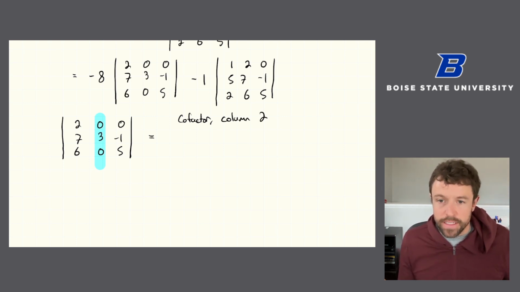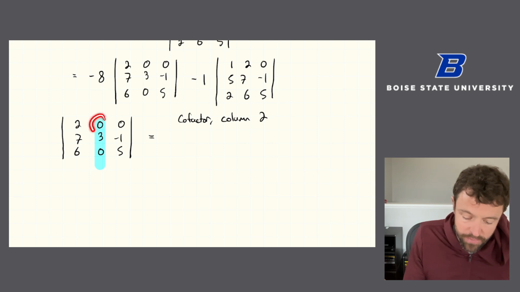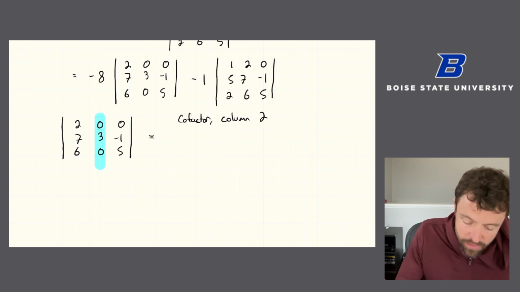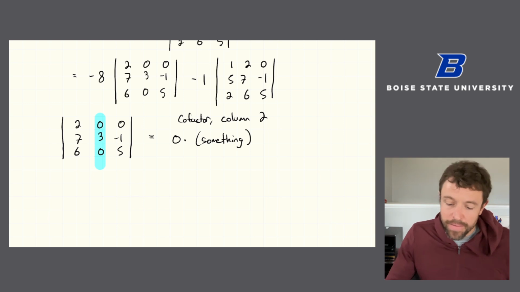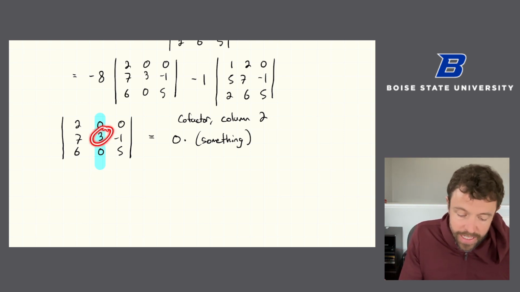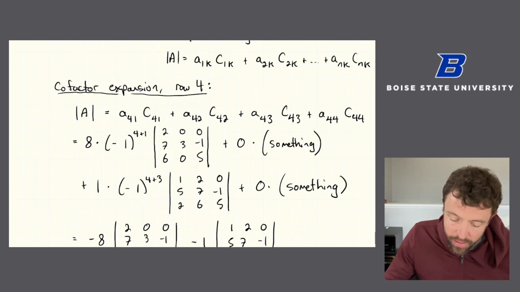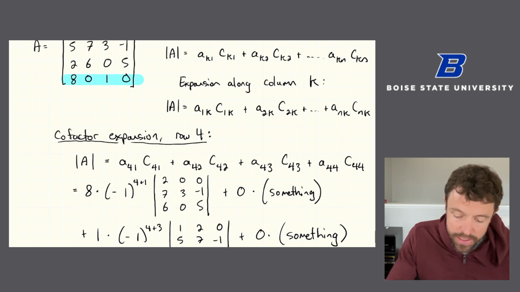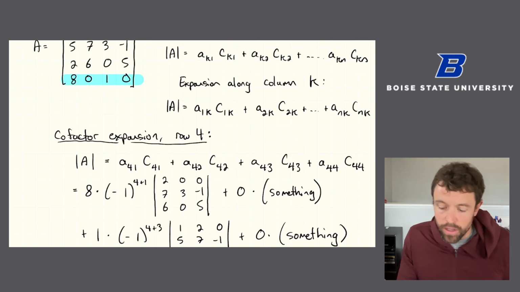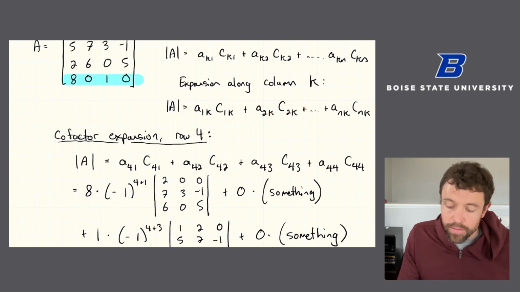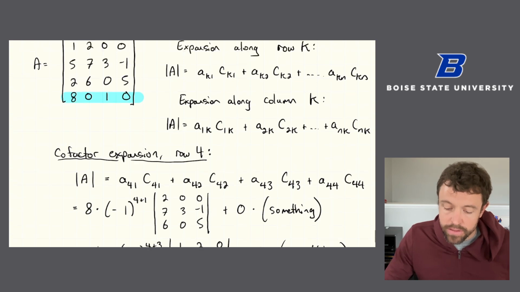And what I realize is, as I move down, so I take the first entry, that's a 0. I'm not going to worry about what's there because it'll become 0. I take the second entry, that's a 3. Now, the formula for cofactor expansion along a column is the same as the formula for a row. I'm just going along a column. And so I'm going to multiply my entry times the cofactor.